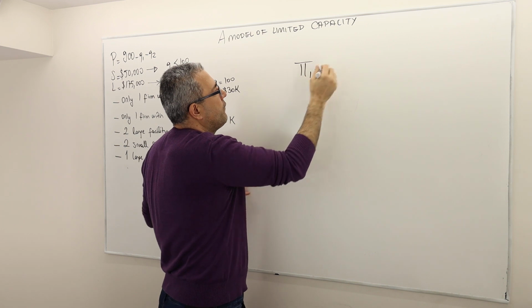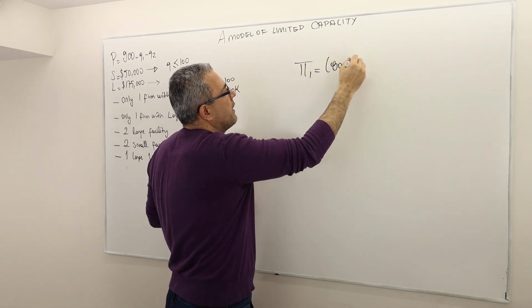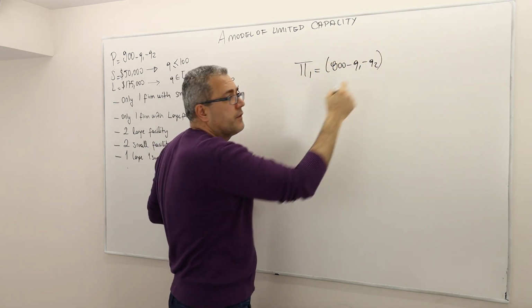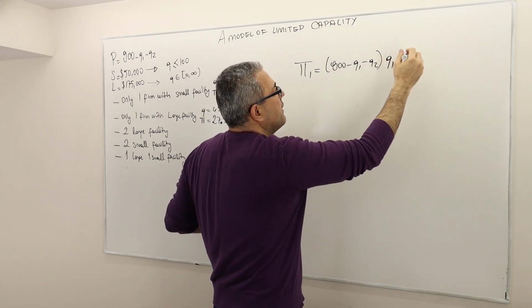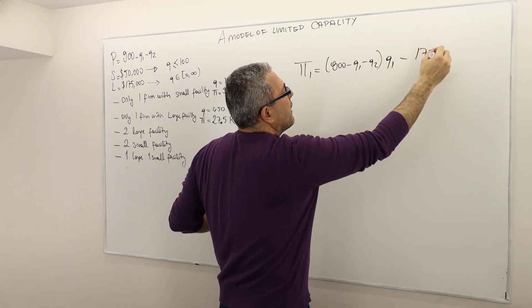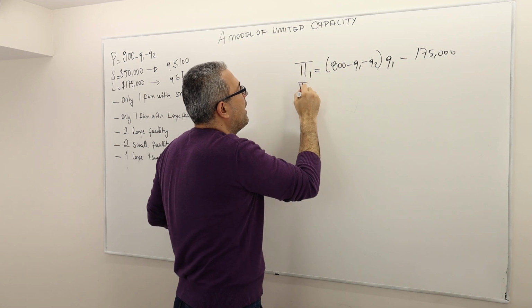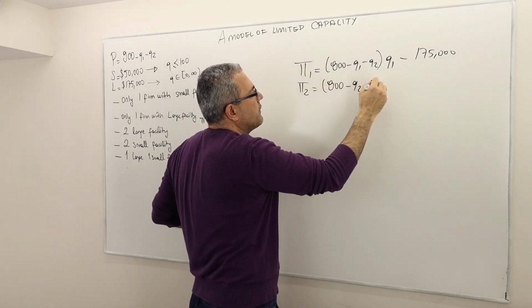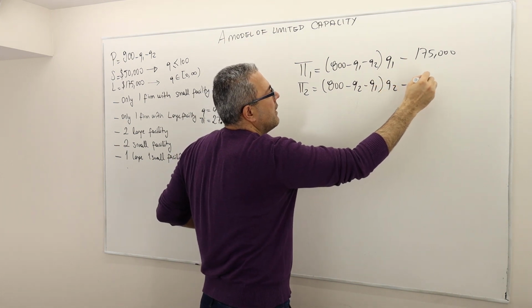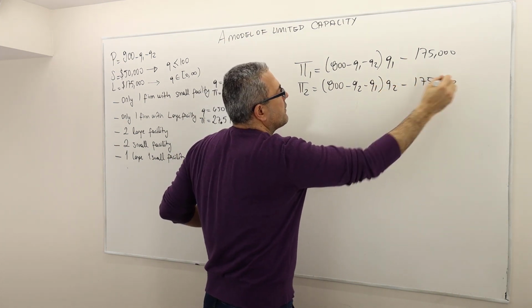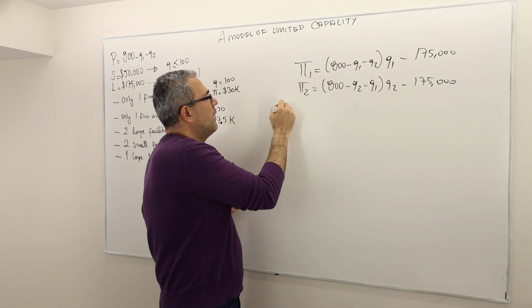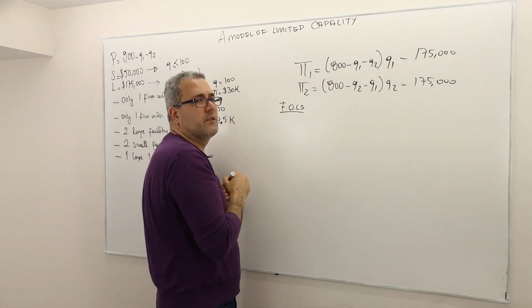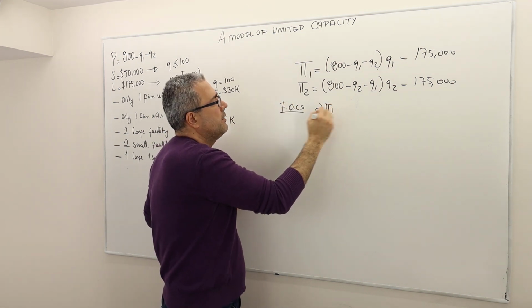So profit of firm 1 is 900 minus Q1 minus Q2, don't forget that, times Q1, minus 175,000, and pi 2 is symmetric, right? 900 minus Q2 minus Q1 times Q2 minus 175,000. So I am going to maximize.